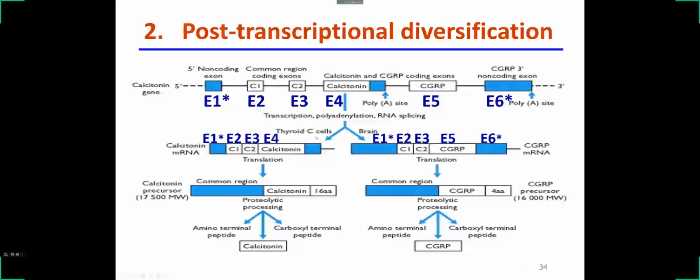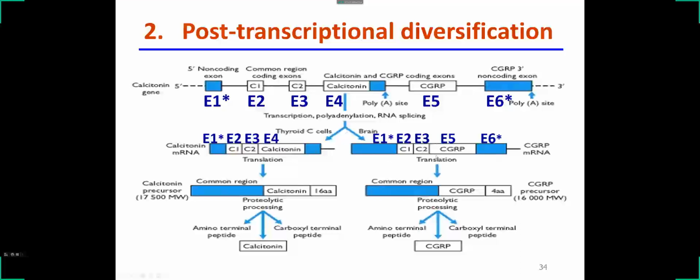Alternatively, calcitonin is made in the thyroid cells, remember those C cells that we talked about, but from the same gene in the brain you get different processing. It gives you a different merger: the same E1, E2, E3, but now we get incorporation of the E5 exon, which is the CGRP exon, along with an E6 messenger RNA poly A tail at the end.